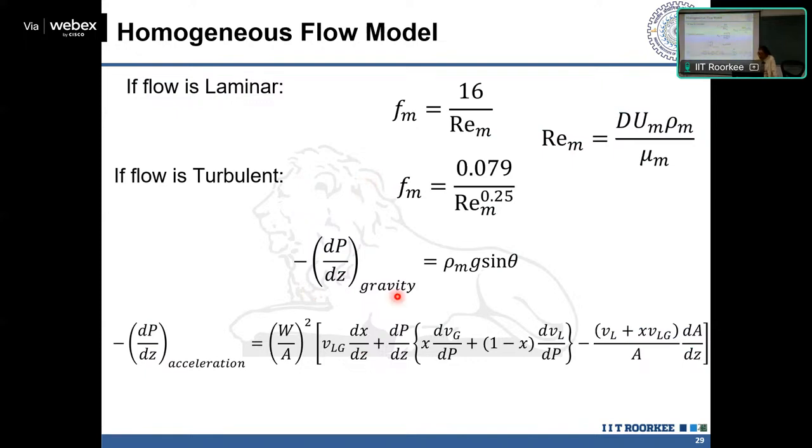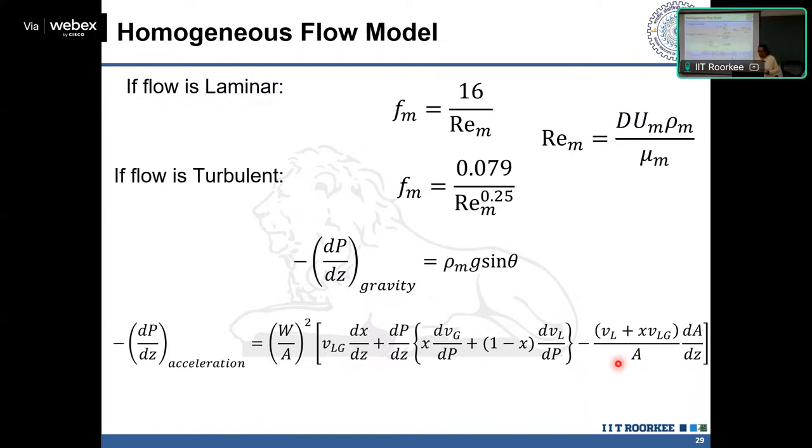What about the acceleration? Acceleration has two components. One is this one, dA by dz. If you have a tube geometry which is changing along the length, if its area is changing, then this component gives rise to some change in pressure.